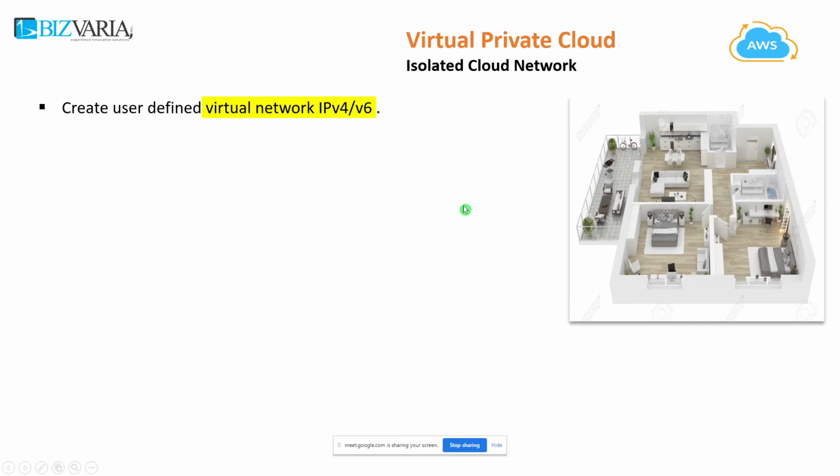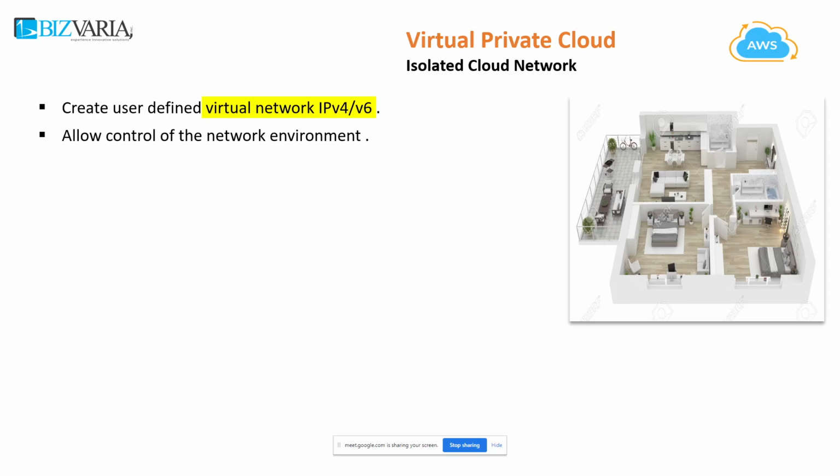So create a user-defined virtual network with IPv4 and IPv6. Yesterday somebody asked me the question, what about IPv6? Yes, you can have an IPv6 and IPv4 stack. I mean, you can use both of them. You can have these two kinds of IP addresses.